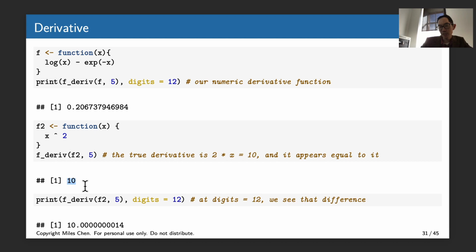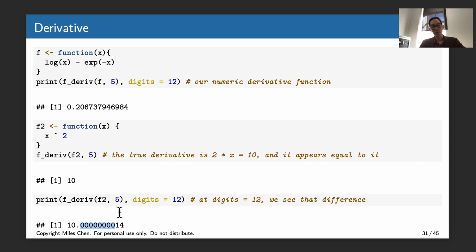We can say, is it really 10? And we can ask it to print out a bunch of digits. And the computer says, okay, it's not really 10. I have 10.00000000014. So I think we're accurate to what? 1, 2, 3, 4, 5, 6, 7, 8.